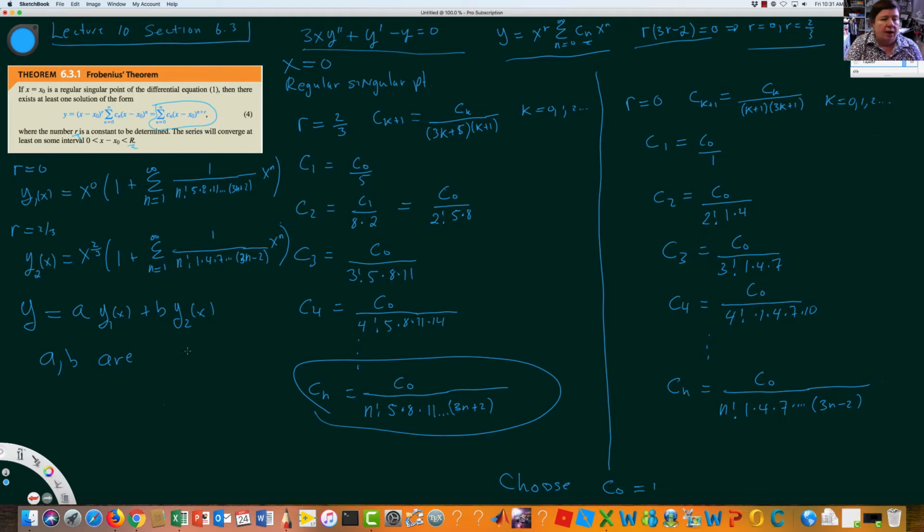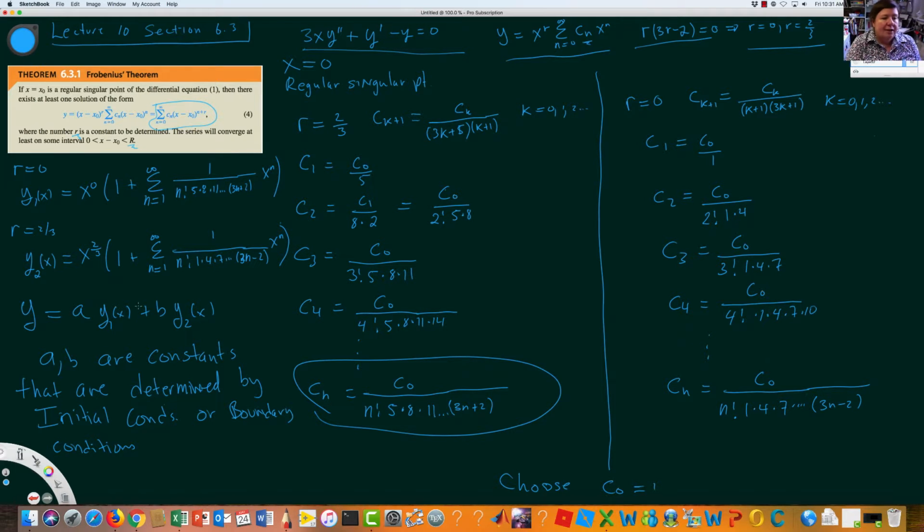Okay, a and b are constants that are determined by the initial value problem, the initial conditions, or boundary conditions, whatever you might have.